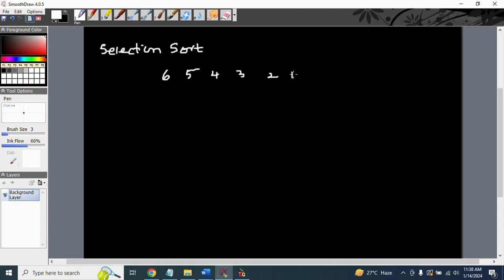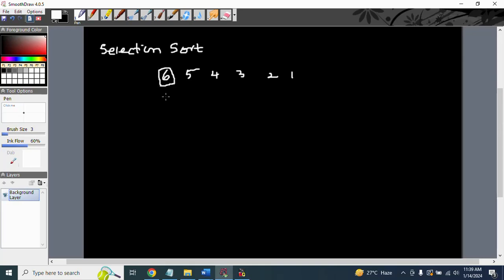What we do in selection sort is, we will catch hold of our first element. So what is my first element? My first element is 6.